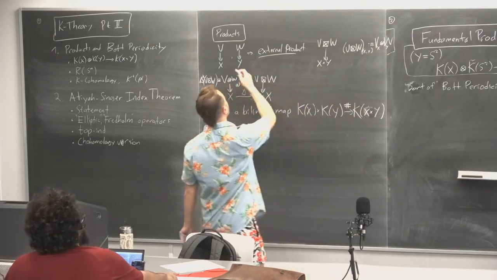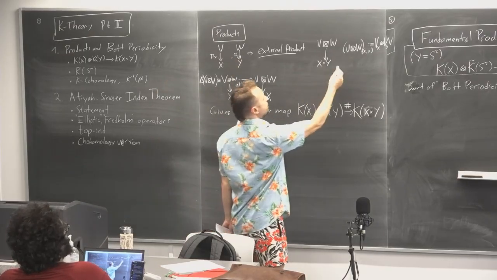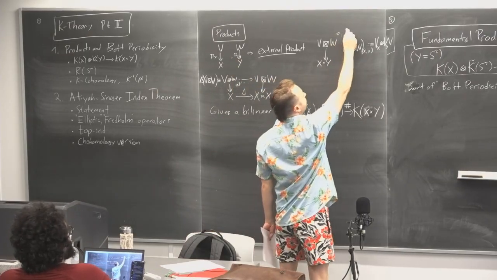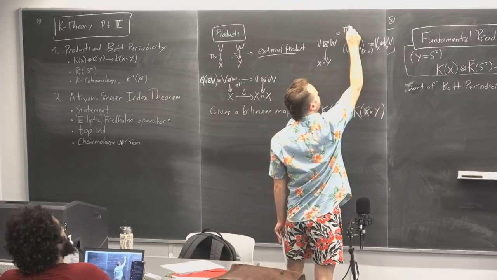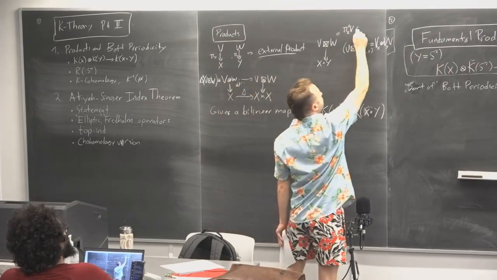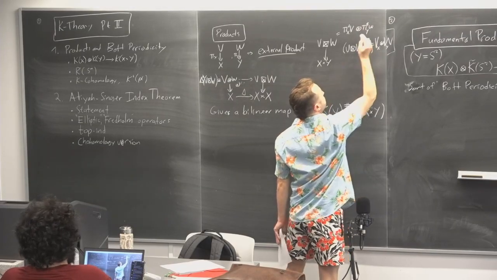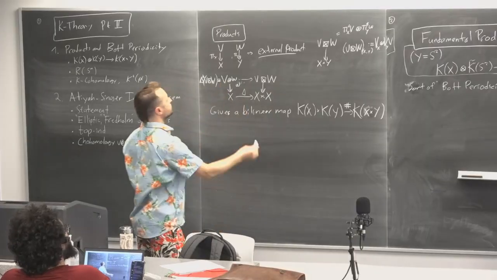If you'd like, you can pick projection maps, pi X, pi Y, and this is really the pullback of the bundle V to the product, tensored with the pullback of the bundle W to the product along the respective projection maps.